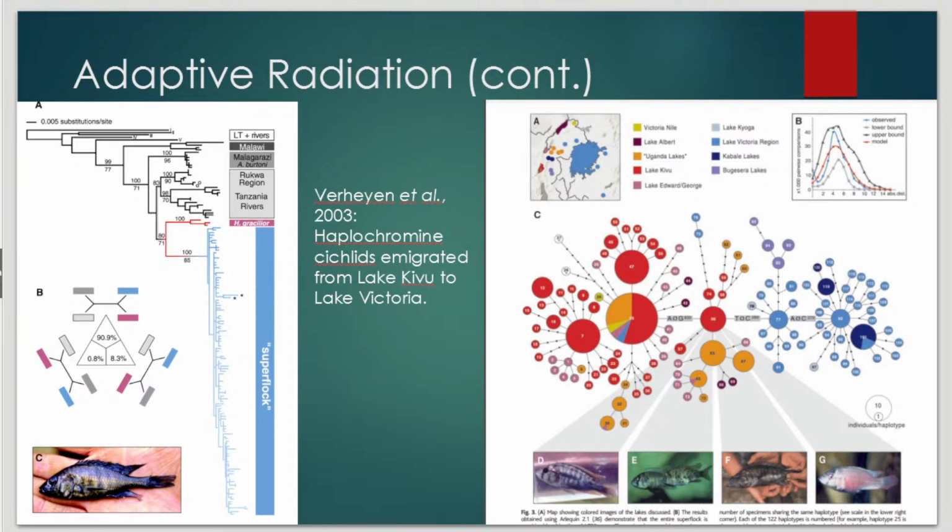And so you can do the same thing with the cichlids. The cichlids of Lake Kivu, even though there are a lot fewer species, are more different from each other than the Lake Victoria cichlids are from each other, or are to any of them. So you can apply the same sort of logic to humans or cichlids, and you get the same pattern.